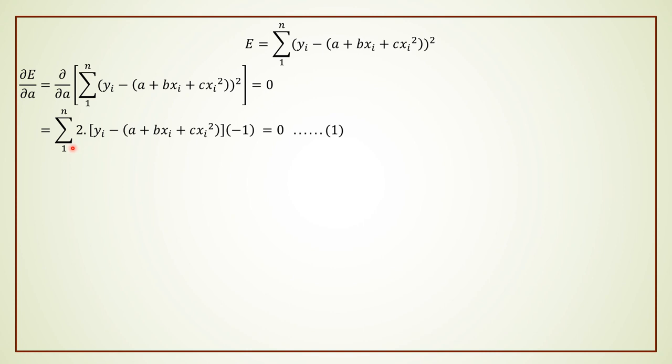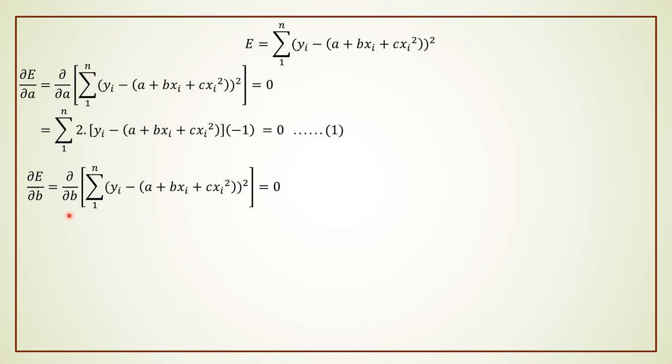So you have summation of 2 into (yi − (a + bxi + cxi²)) into the partial derivative of the terms inside the bracket with respect to a. So it is just −1, because you have −a and the partial derivative of −a is −1, which is equal to 0.